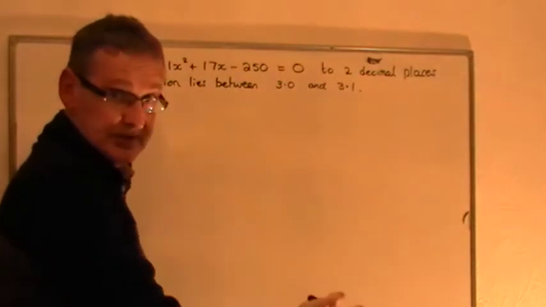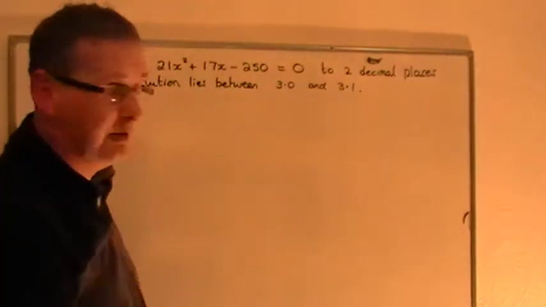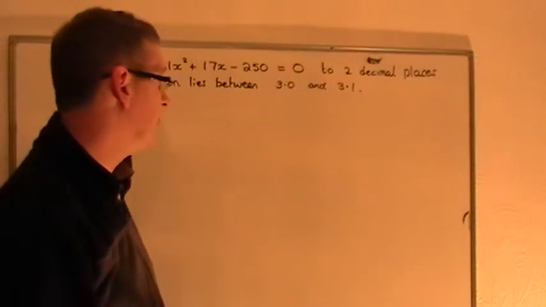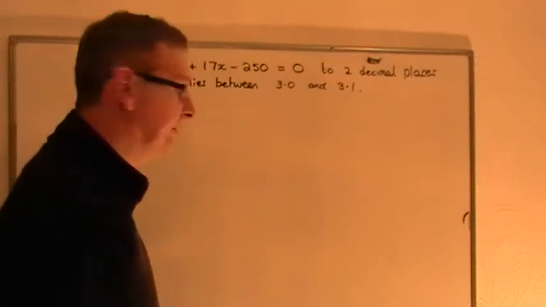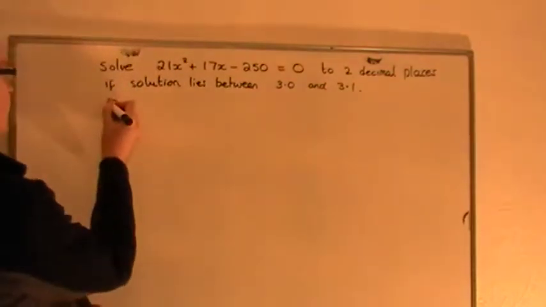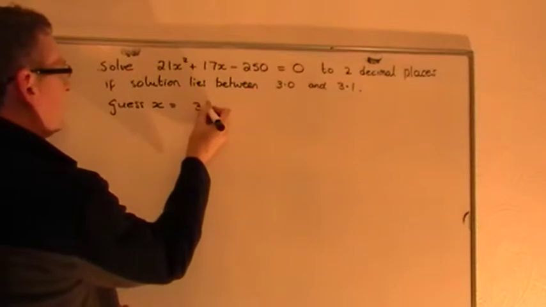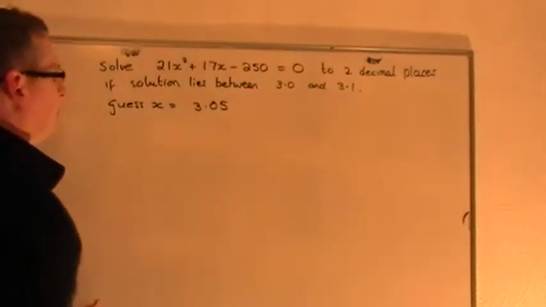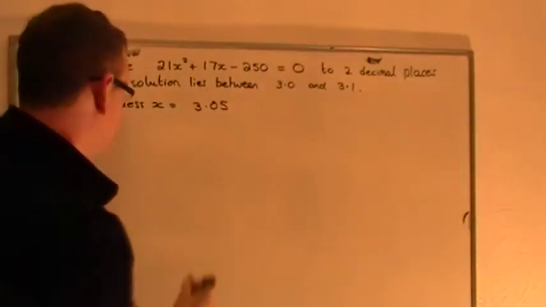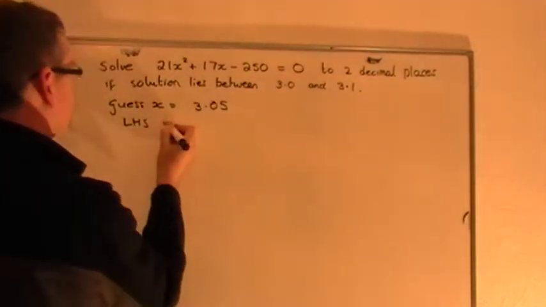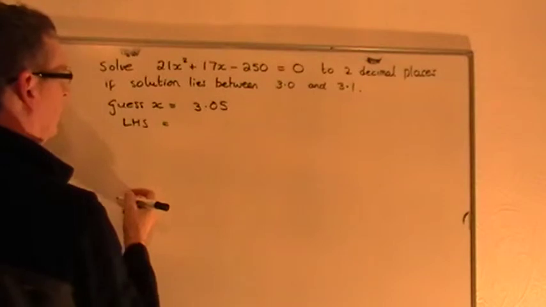3.0 we know is going to be too small. 3.1 too big. So the first guess that I need to make is going to be halfway between those two given figures. So guess x equals 3.05 would be a sensible guess. So take the left hand side of the given equation, and everywhere you see an x, change it to 3.05.